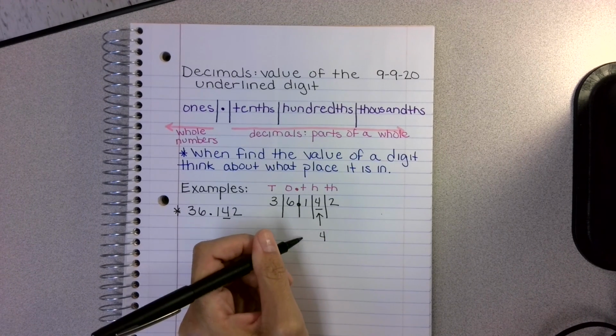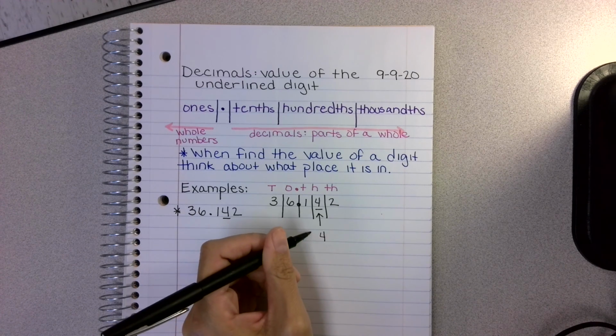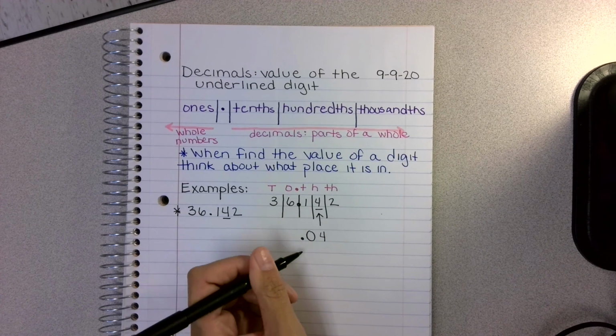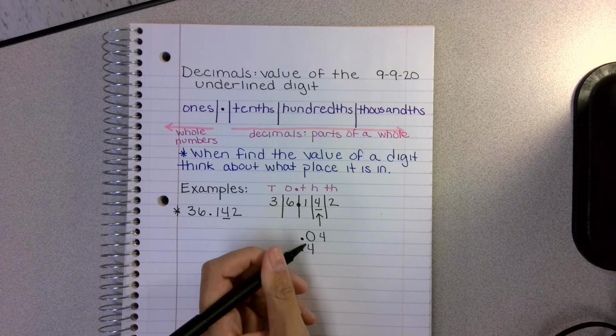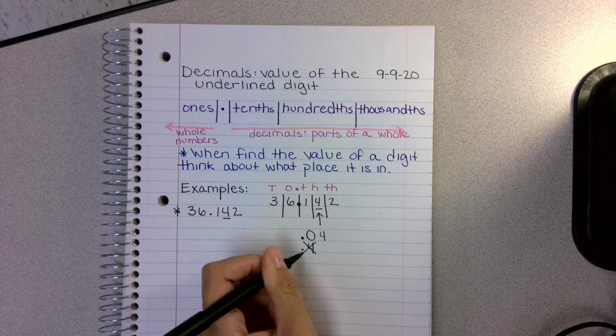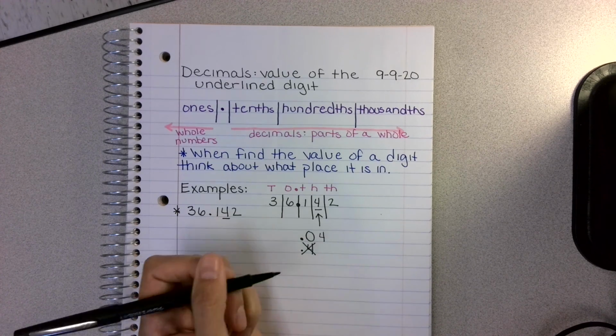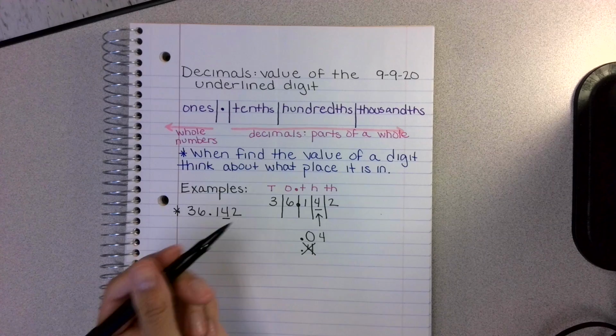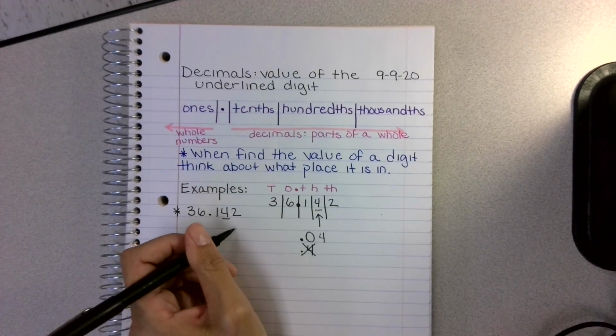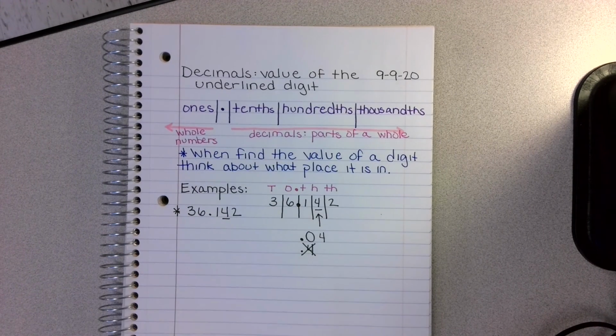And to move it over from the decimal, I need this placeholder. Because if I were to just write this, that's wrong. That's tenths. So that is not correct. So you need to make sure you have that placeholder that pushes that 4 over to its place, which is the hundredths. So the value of this 4 is 4 hundredths.